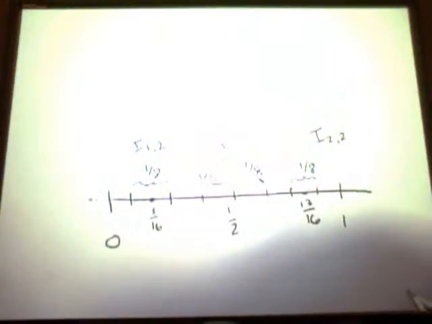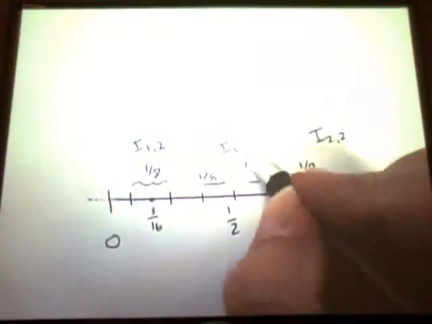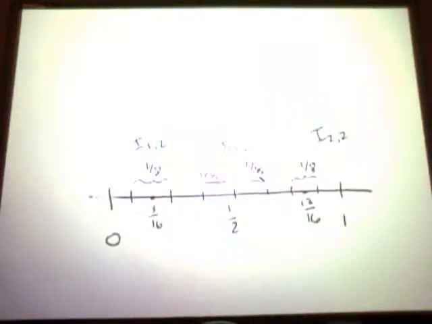Yeah, that's what I'm trying to relate it to. That's what he's calling it. He seems to do this with generality, and then he comes back and tells you it's 1/2.